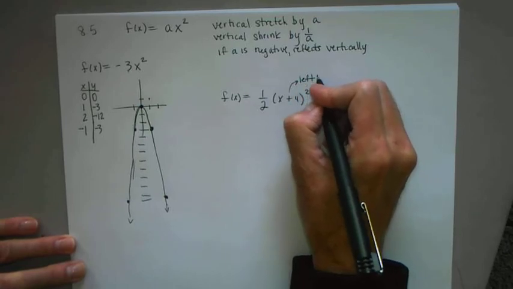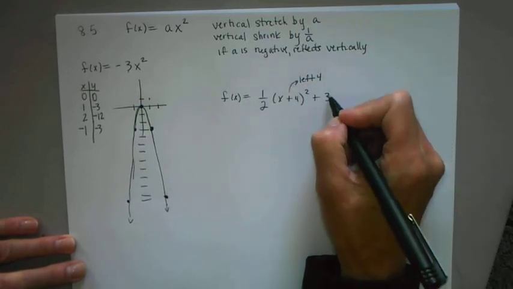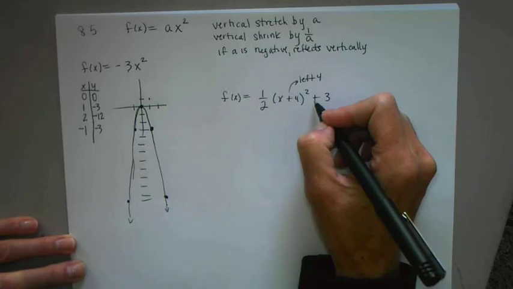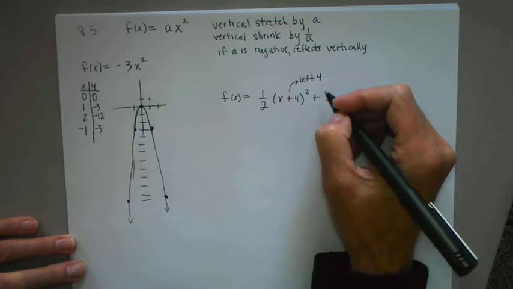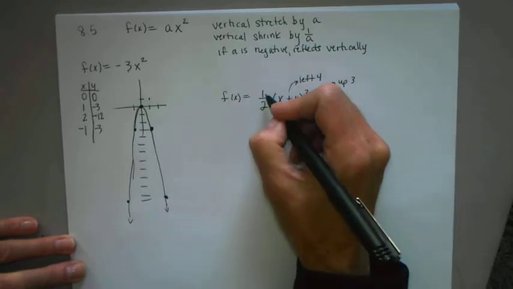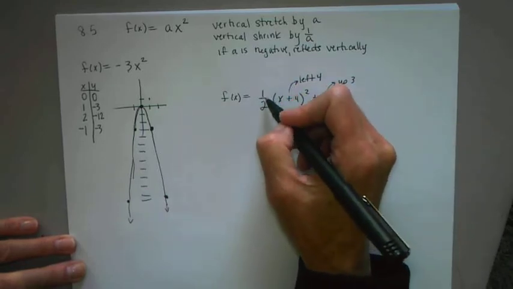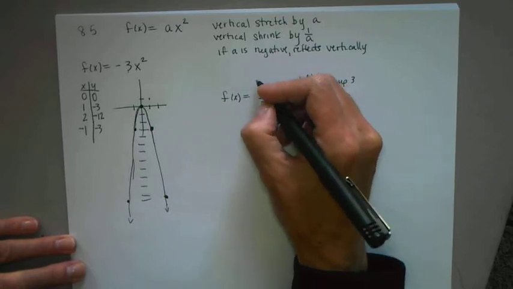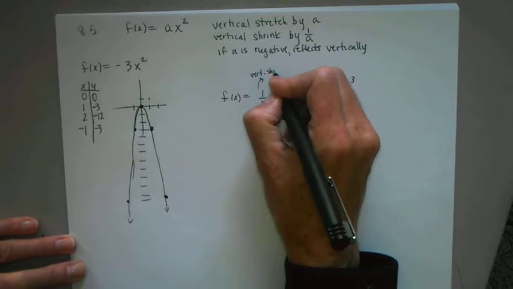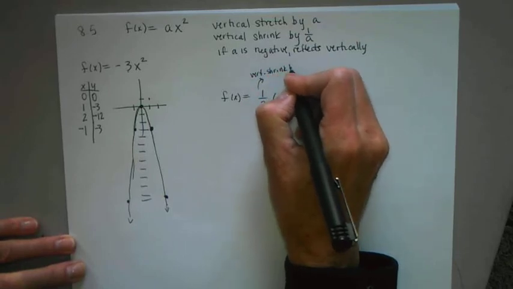So it's going to go left 4. This one is not in parentheses with the x, so it's going to move it up or down, and it's going to do what the sign says. So it's going to go up 3. This, we know, we're going to vertically multiply by 1/2. So because it's a fraction, it will shrink it. So this is a vertical shrink by 1/2.